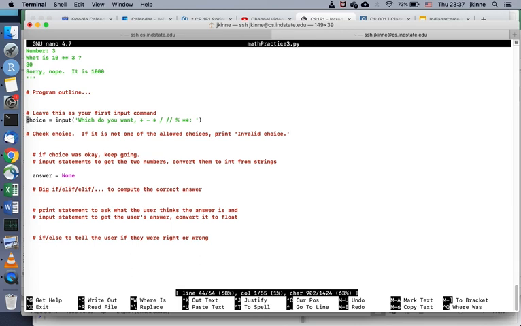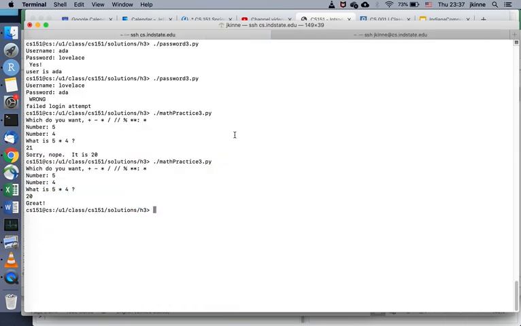This is the first input statement, and just leave it the way it is. That'll match mine. And then you have this choice variable. The first thing you need to do is check the choice variable, that what they typed is actually a valid operation. So if we run this one here, if I type something that's not a valid operation, like let's say capital X for times, it says invalid choice.